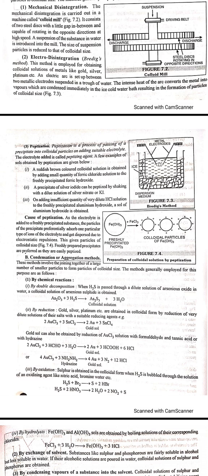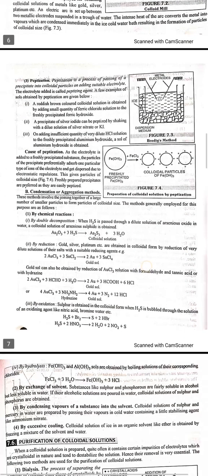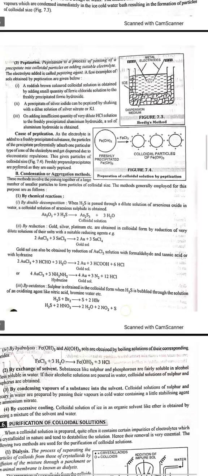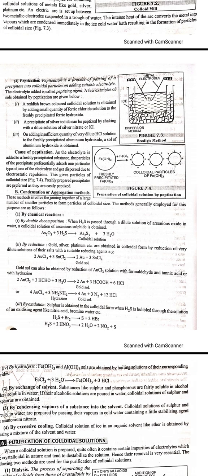First one is by chemical reactions. In this we can do by double decomposition, by reduction, then by oxidation, and fourth is by hydrolysis. So by double decomposition, when H2S is passed through a dilute solution of arsenious oxide in water, a colloidal solution of arsenious sulfide is obtained.